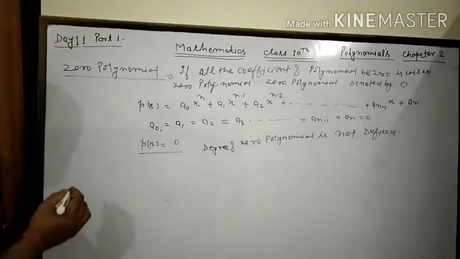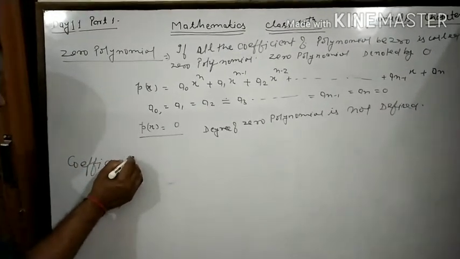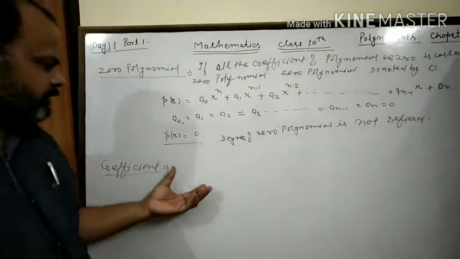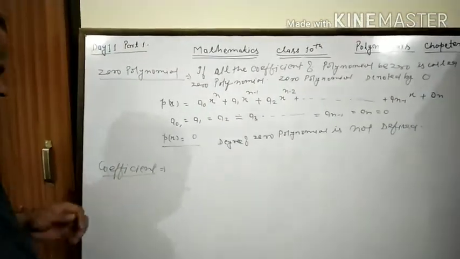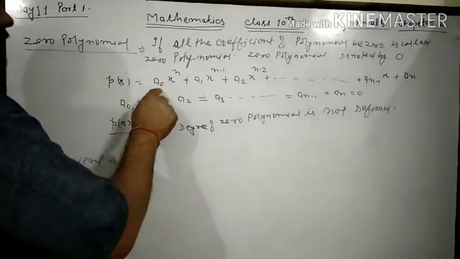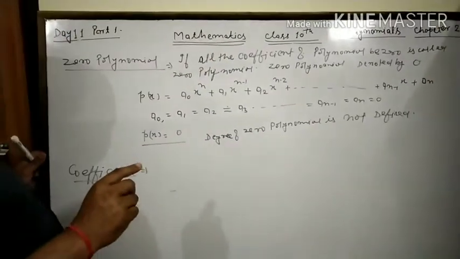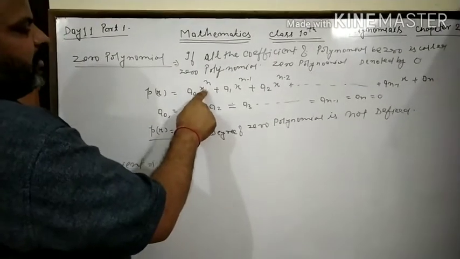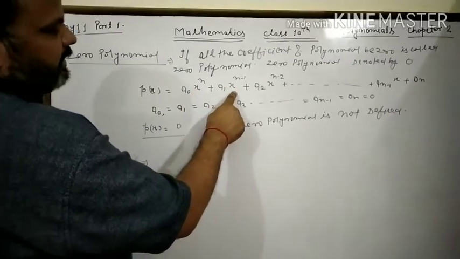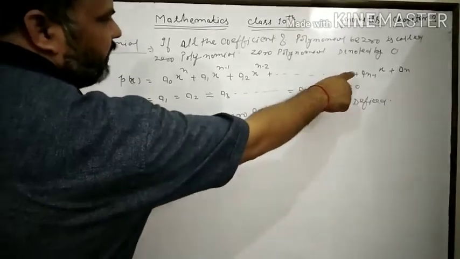Then we discuss the coefficient. See, a coefficient is a real number which multiplies with the variable. Here in this polynomial, a0, a1, a2, a(n minus 1) and an are real numbers multiplied with the variables x to the power n, x to the power n minus 1, x to the power n minus 2, and so on.